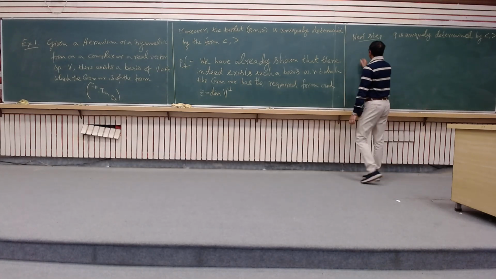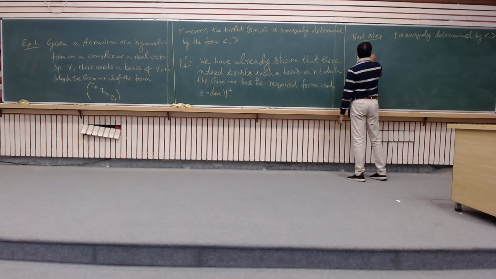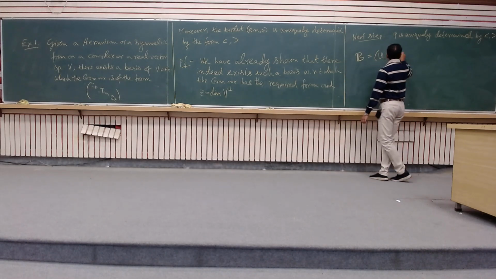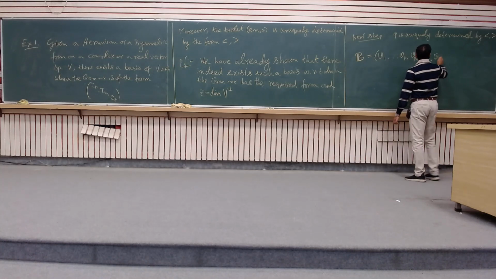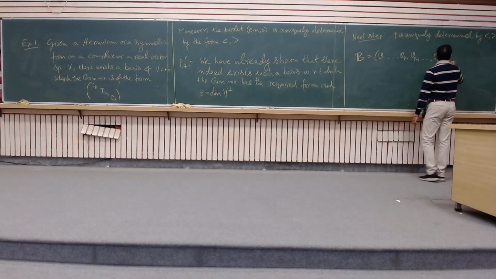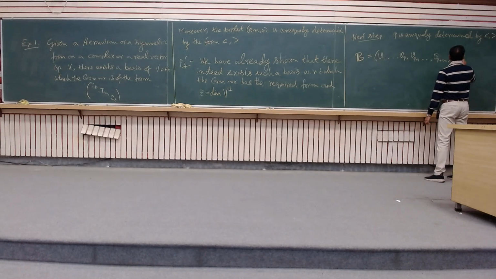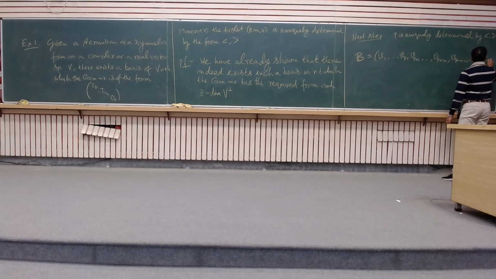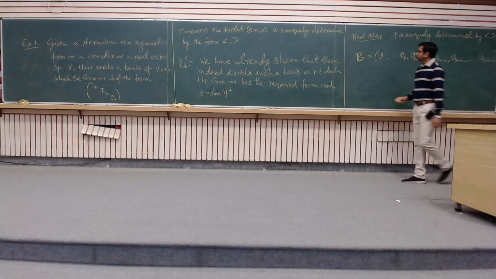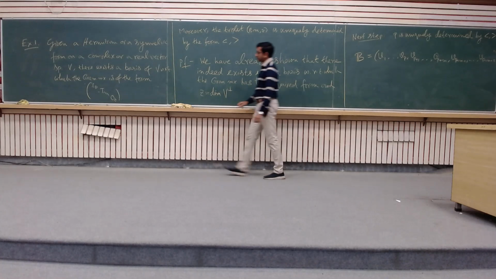Basically, we have taken a basis B as v_1 dot dot dot v_p and then v_{p+1} dot dot dot v_{p+m} and then v_{p+m+1} dot dot dot v_{p+m+z}, that is n. Okay, for which this matrix had this form.